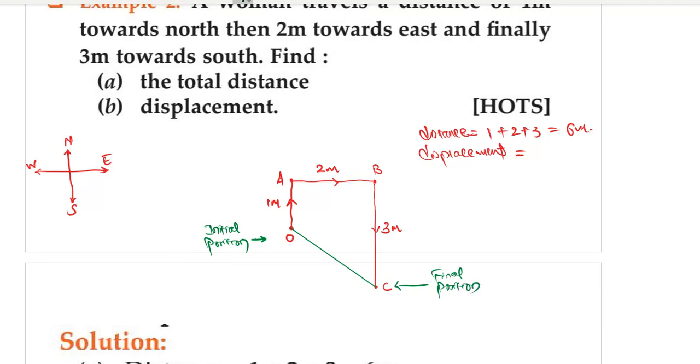How do I find its length? How do I find the length of OC?